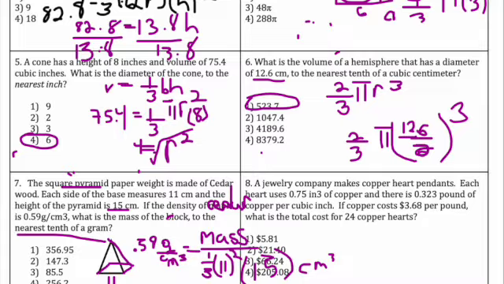You end up with 0.59 grams over cm cubed, times 1/3 11 squared times 15 cm cubed. Okay, and that equals the mass.